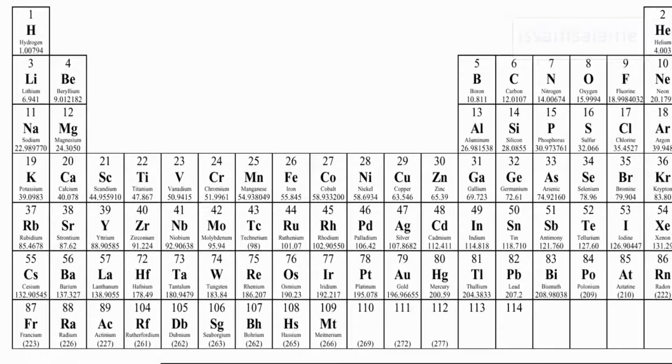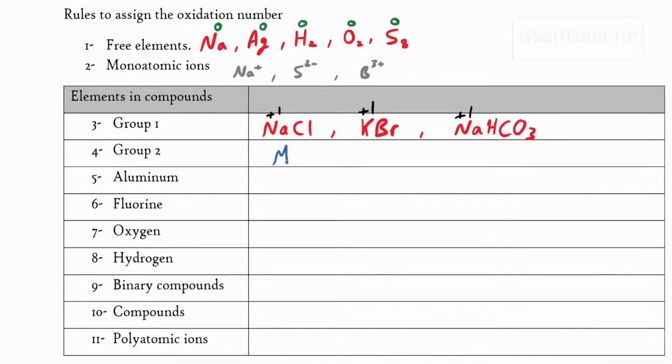These are the elements of group 2, and whenever an element of group 2 is found in a compound, its oxidation number is equal to +2. As we can see here, magnesium, barium, calcium are all elements of group 2, so all of them should have oxidation number equal to +2.